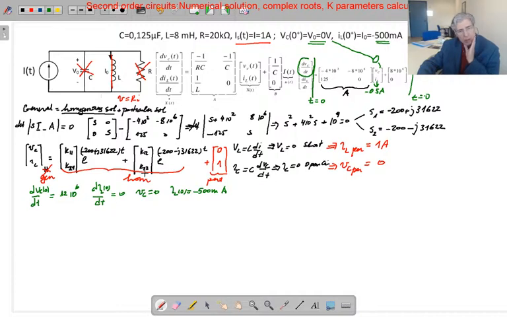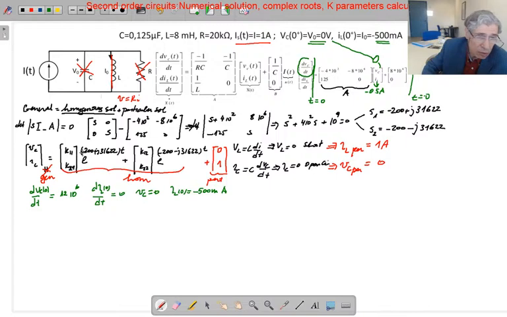So I've got 4 initial conditions and 4 K values to be calculated. Don't worry about calculating 4 unknowns with 4 equations. It's going to be just 2 equations, 2 unknowns. How is it going to be?